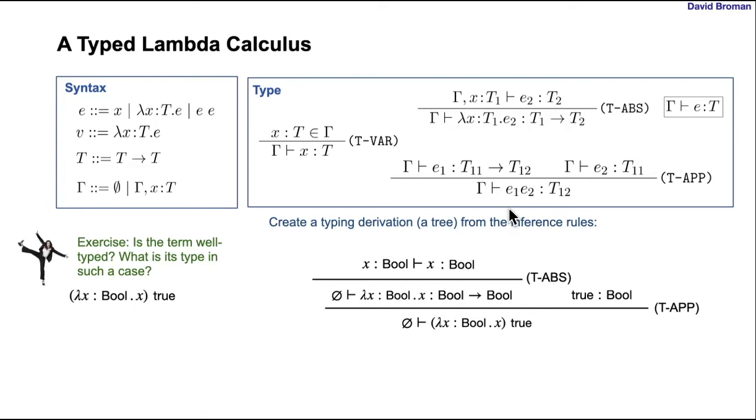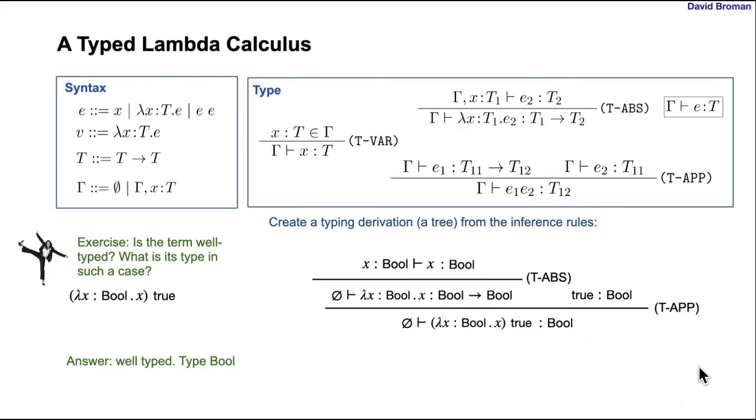And if this is a bool to bool, this premise holds, which means then return T12 here, and in this real case, T12 is bool, so we return a bool. And this is the typing derivation, the tree, for this expression. So the answer is, it is well typed because everything was correct according to the rules here. And the type of this expression here is bool, and that is what we can read out here.